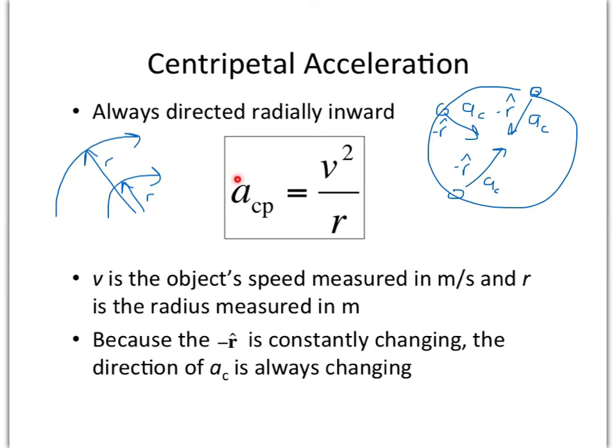So I'm going to start with the next slide being blank. If you don't have a blank page in your notes, just get a blank page, and we're going to do a little bit of deriving right here. So the circumference of a circle.